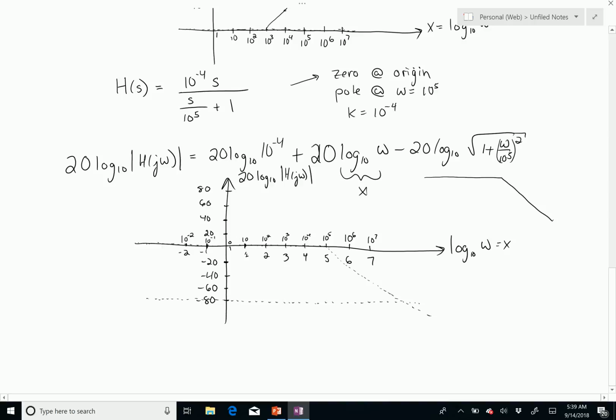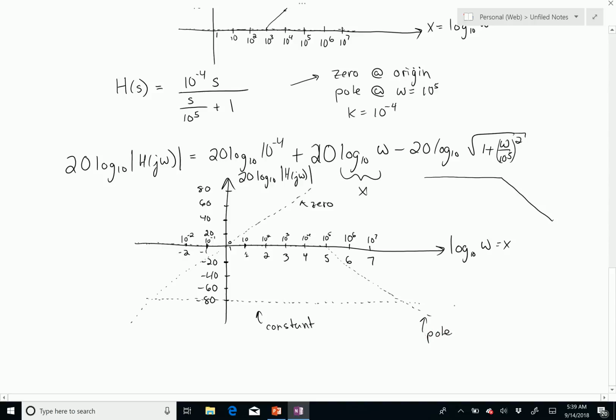So let's show him cutting up through here, like so. Okay, now this is the zero. This is the constant. This is the pole.